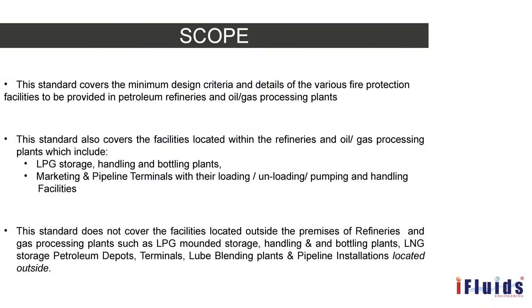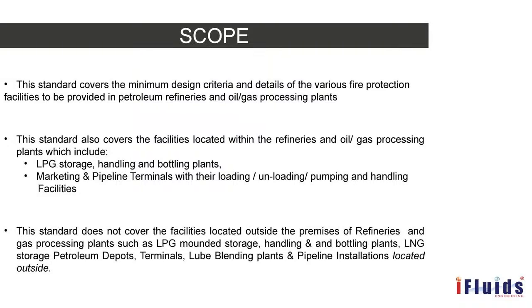This OISD 116 is applicable only for petroleum refineries and oil and gas processing plants. Petroleum refineries means the refinery where crude is received and transformed into product as well as byproduct in various stages. Oil and gas processing plants means plants like POL terminals and other things.